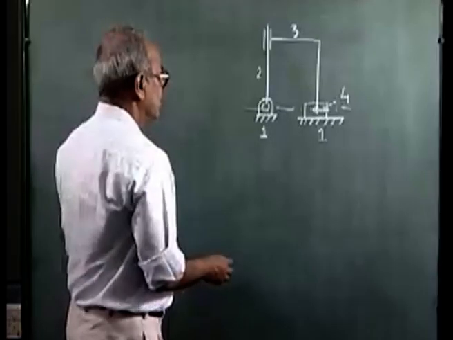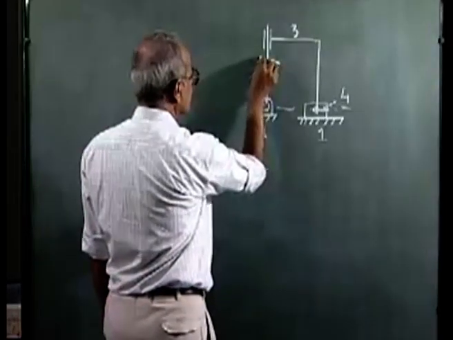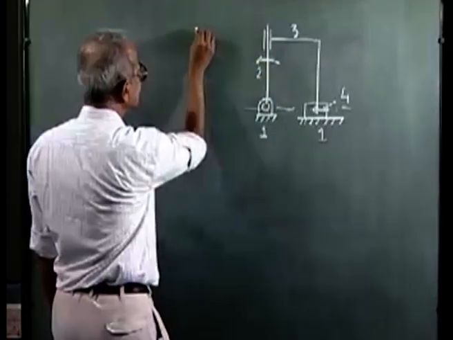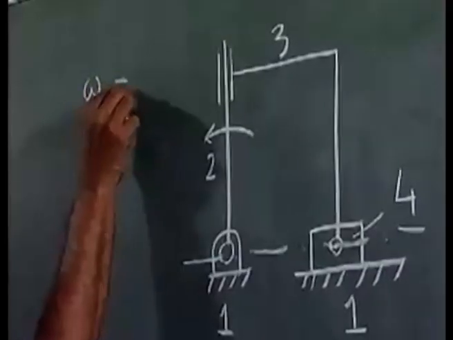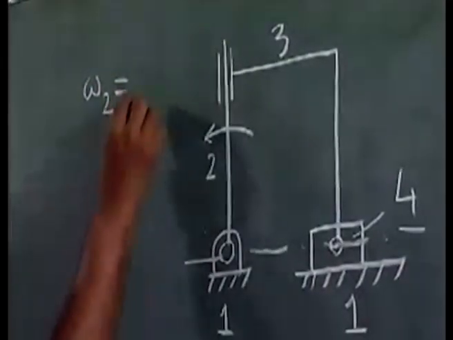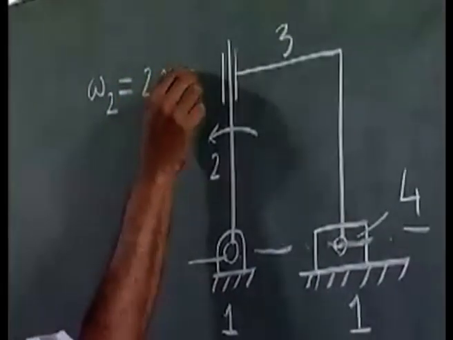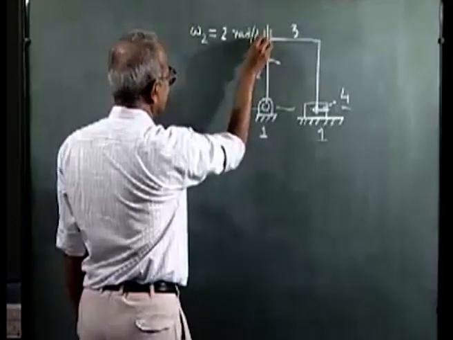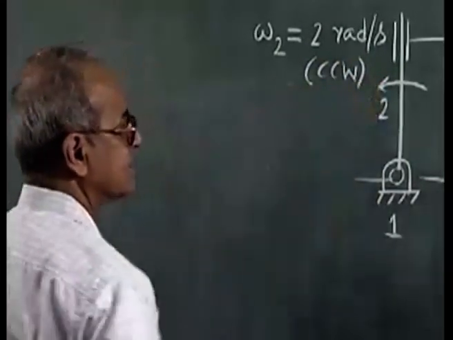The problem is as follows. Suppose we are given the input motion omega 2. I take some numerical values. Say omega 2 is 2 radian per second in the counterclockwise direction.